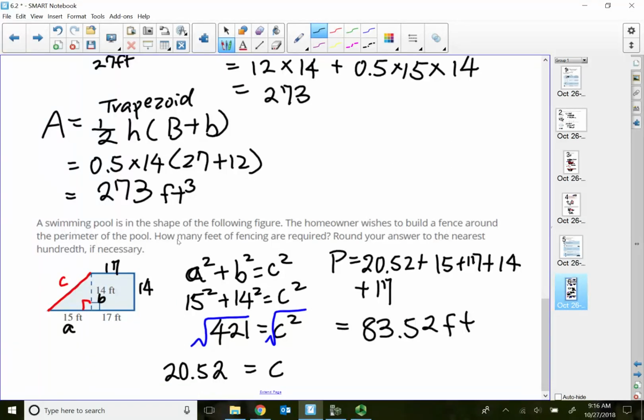So very neat. Besides using those area and perimeter formulas, we also ended up needing the Pythagorean theorem to help us find the missing side of a triangle.